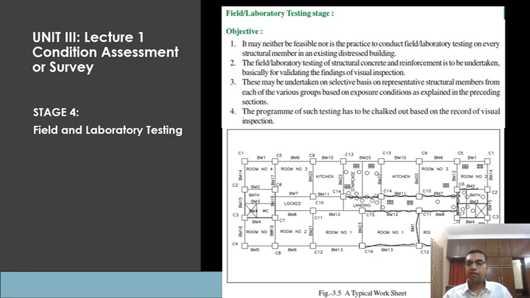So four apartments, four flats on one floor. So these are columns, these are beams. Now we can classify this. Here see C1, C1 exposed on two sides. Then this is C4, C4. This is C3, C3, C2, C2. And then other commonalities we can do. This is an example.